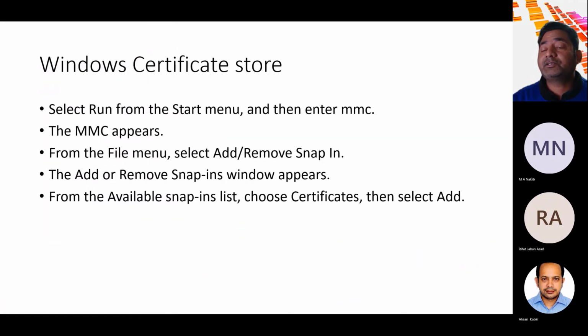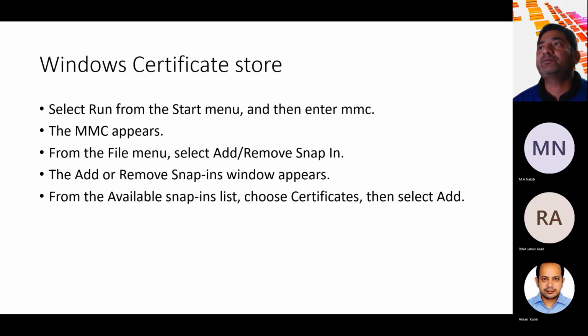So where do we store those keys? We have an option to store them in the Windows certificate store, or we can store the keys in an Azure Key Vault. It totally depends on the organization. Let's say your organization is totally in the cloud, then it's better to use Azure Key Vault.